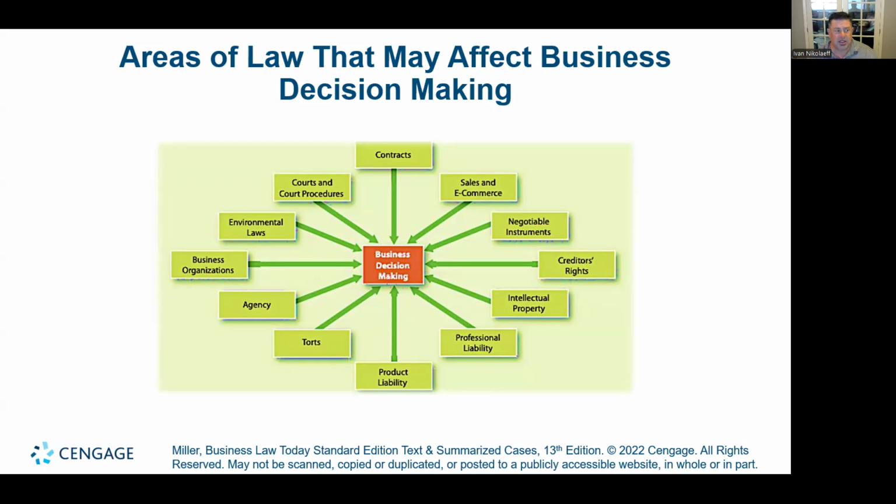We also have sales and e-commerce, negotiable instruments, creditors' rights, and intellectual property, which would be things like trademarks and copyrights. Then professional liability, product liability, torts, agency, business organizations, environmental laws, and legal experts that work in courts and with court procedures.